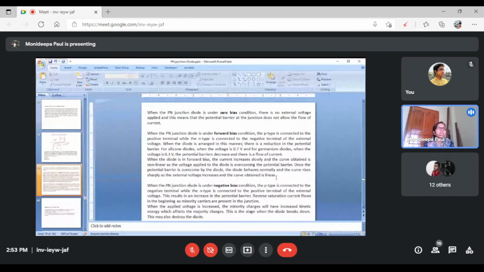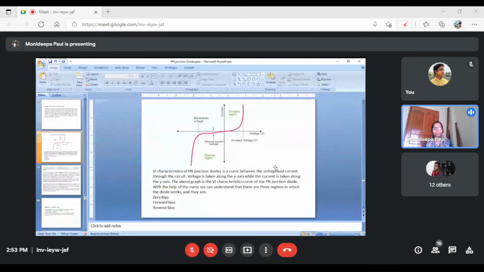Up to this, zero bias and forward bias VI characteristics. Any doubt? Up to this, not the reverse bias. Zero bias and forward bias VI characteristics of the diode. Again, I am discussing that zero bias means when there is no external voltage, that is the 0 point.